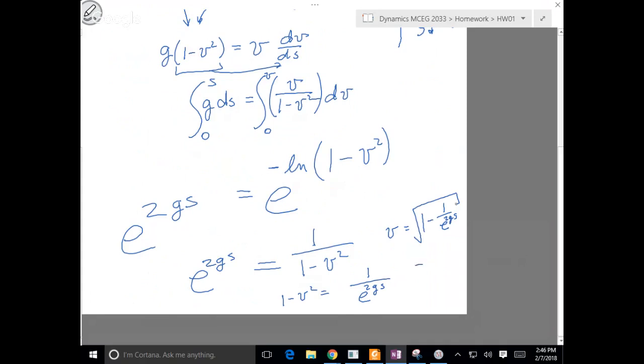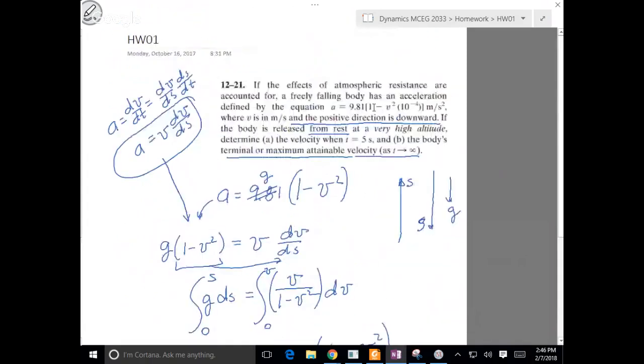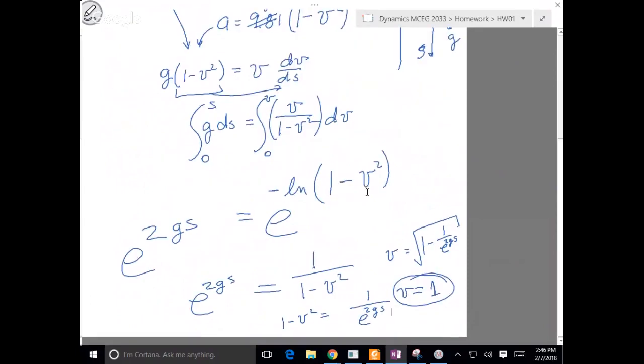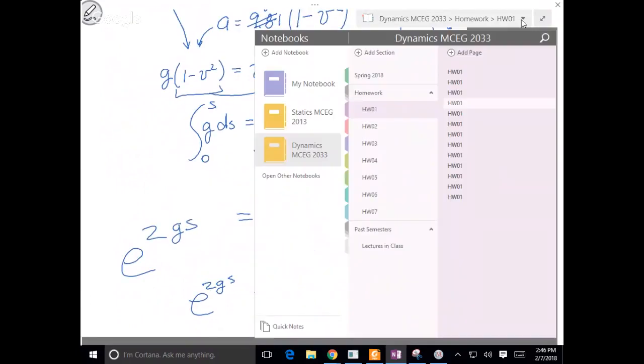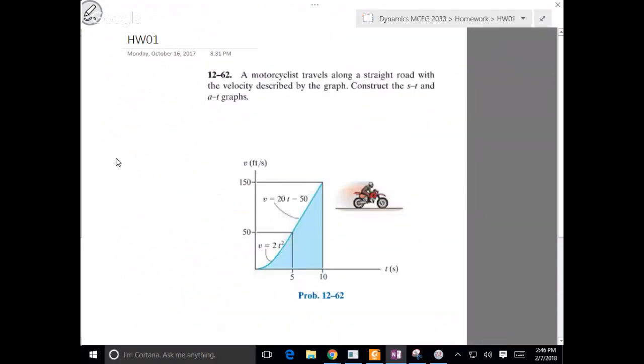And I think I'm seeing a terminal velocity equal to 1. Anyway, I gave you one to think about. That was a thought exercise there. I don't know why I did that.